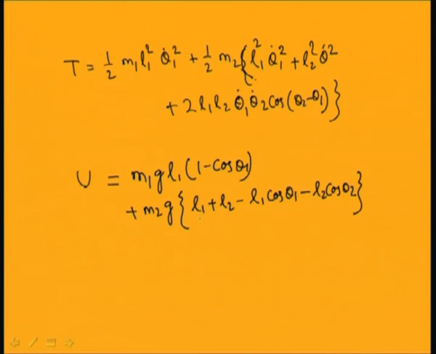Using this T and U, you can write L equal to T minus U. Now, applying the Lagrange principle, you can find the equation of motion, which can be given by this expression.